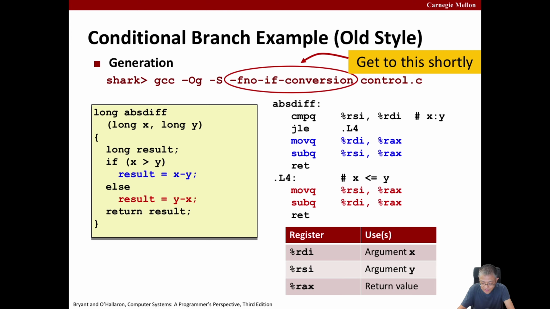Here we can look at an example. We can have a function which will return the absolute difference, which means it will always return a positive number. As we mentioned before, x is in the RDI register, y is in the RSI register.